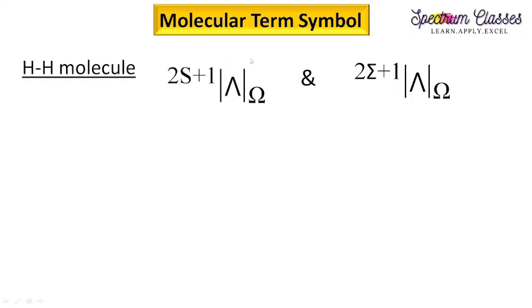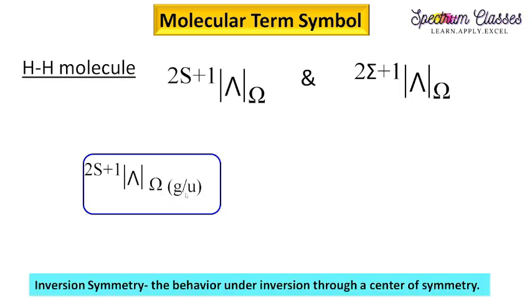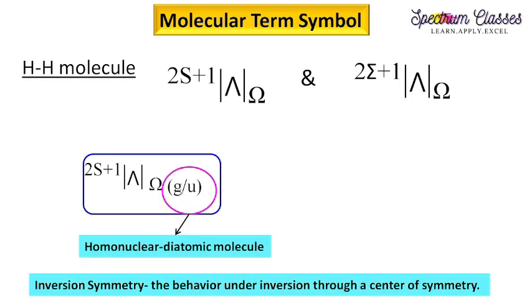In my previous video, I discussed the molecular term symbol, and in detail the parity or inversion symmetry about the center of symmetry of a given molecular term symbol, whether it is gerade or ungerade. We can also say gerade is symmetric about the center of symmetry and ungerade is asymmetric about the center of inversion.